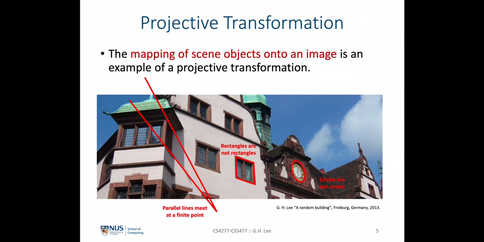What's interesting here is that the projective transformation causes geometrical changes between the 3D world that we are living in and the images that are formed in our eye and sent into our brain.